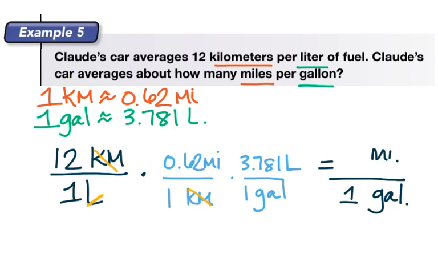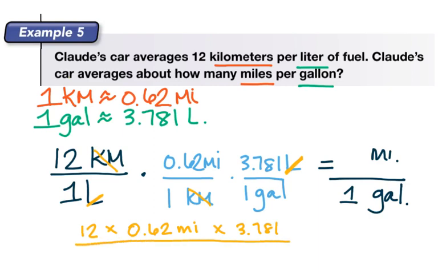This liter, but only this liter right there, crosses out. So now we're left with 12 times 0.62 miles times 3.781, and all of that is over 1 gallon.